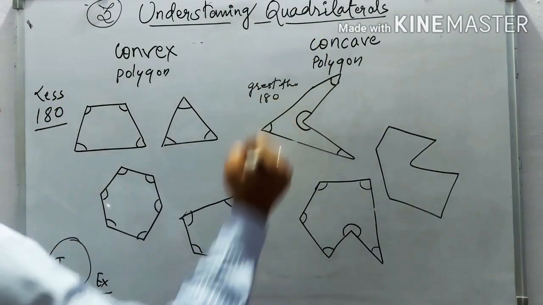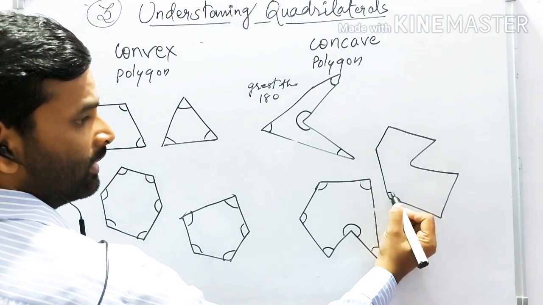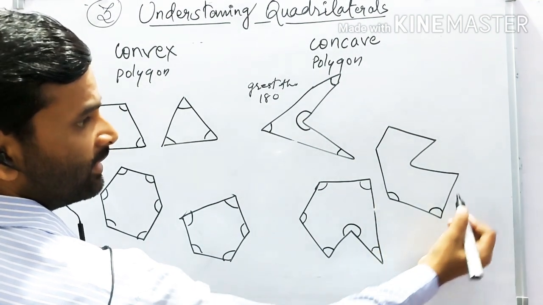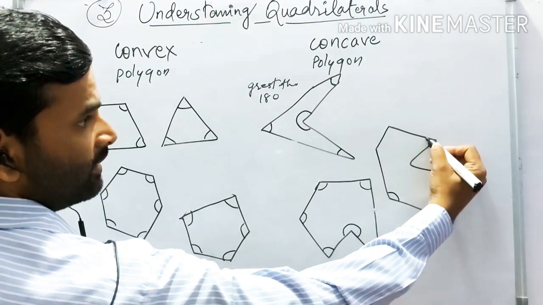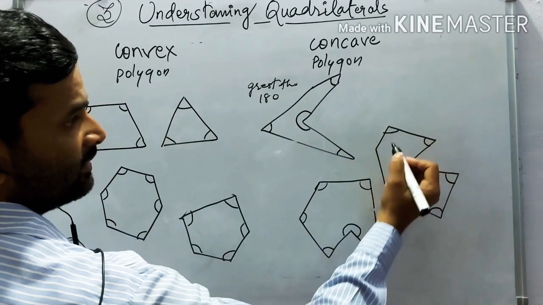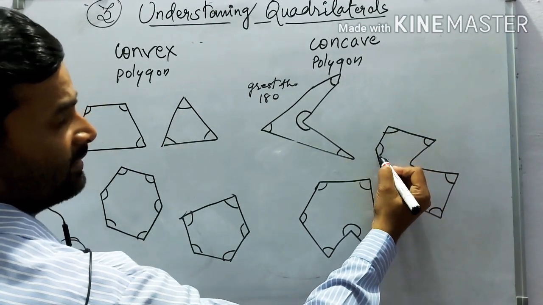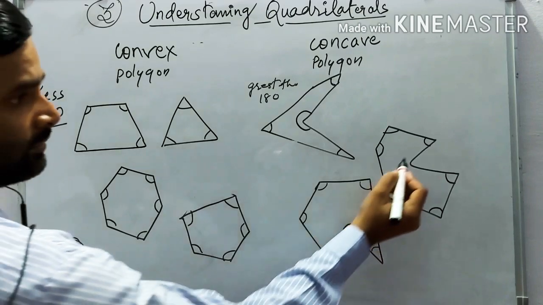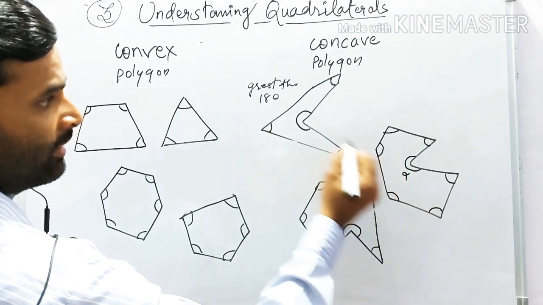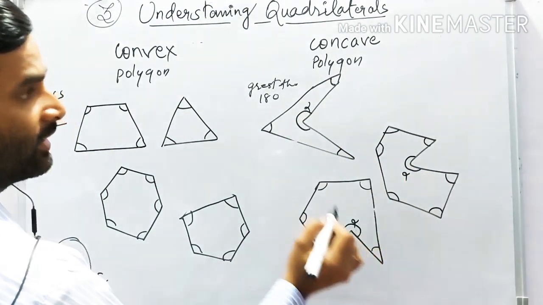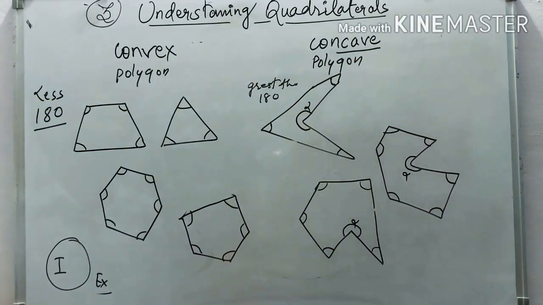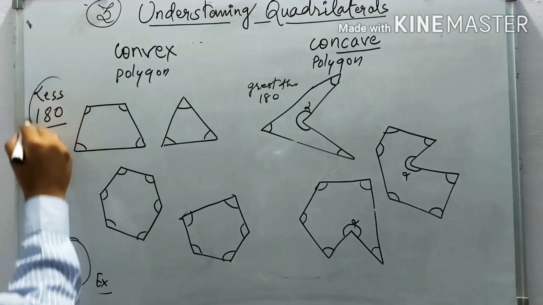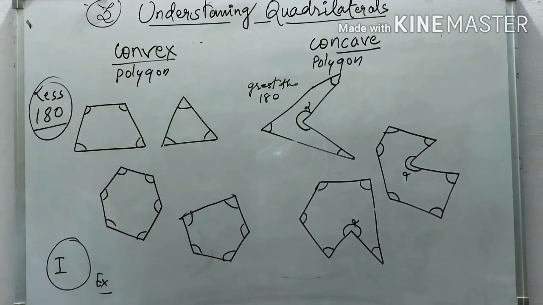It is called a concave polygon. In the third, the angles are less than 180 but this angle is greater than 180. This type of polygon is called concave, and when all angles are less than 180, it is a convex polygon.